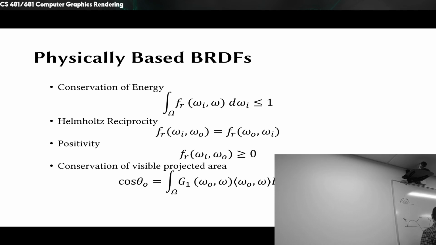So I'm just going to use this for. And then you have the normal, the geometric normal. Okay. So what this bottom equation is saying is that if you were to project, and I'm going to shine the light like this, this is the direction that the light is coming in.